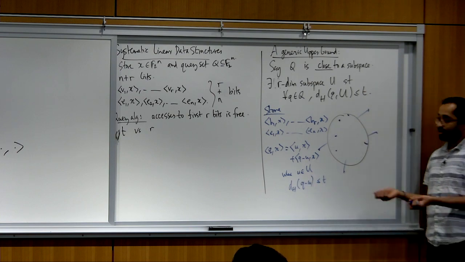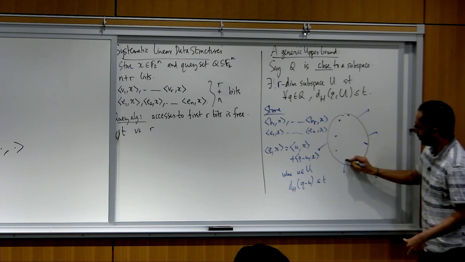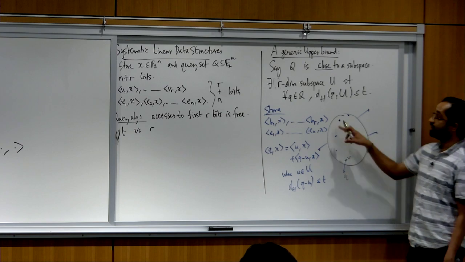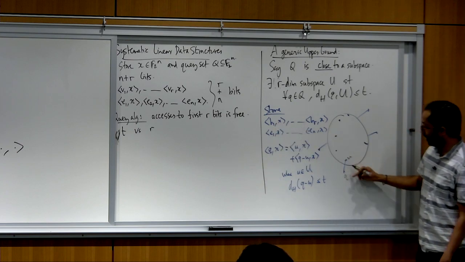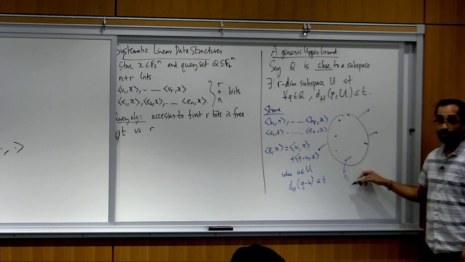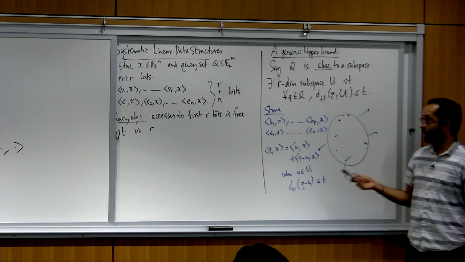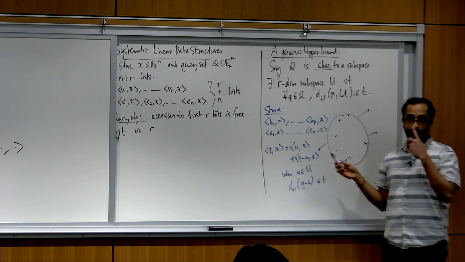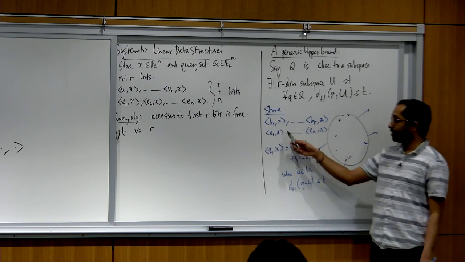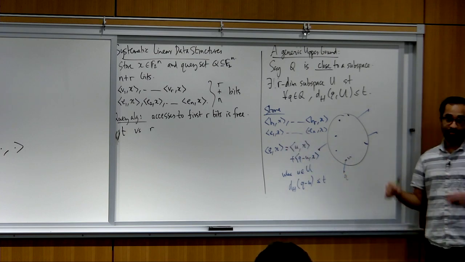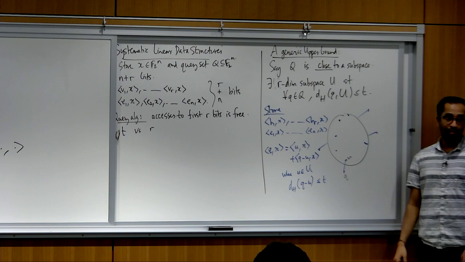So the inner product with u comes from just reading these for free, and you only need to make t hops to go from u to q, and those inner products can be obtained by reading t coordinates, or making t accesses to the second set of bits that you have stored.